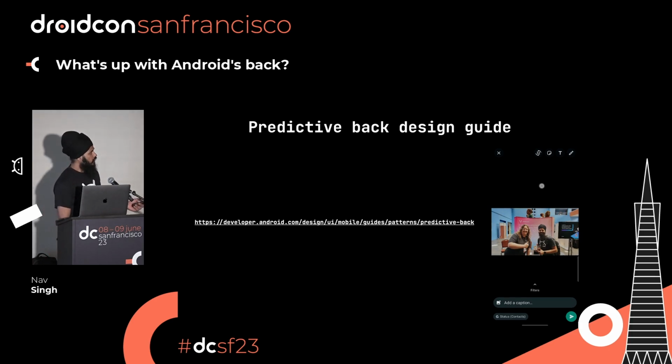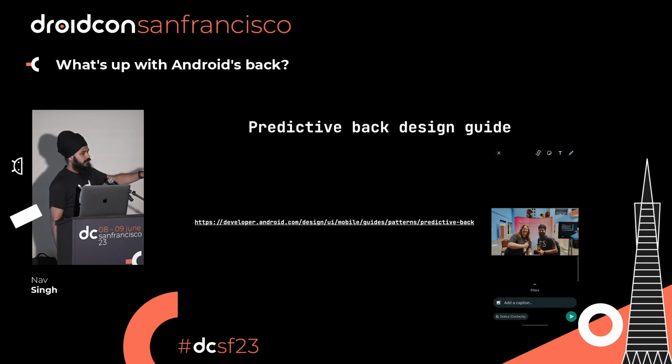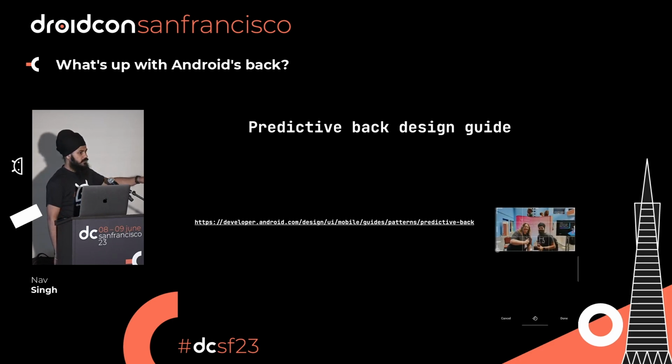I found there is a new predictive back design guide also published on the Android Developers channel. And I recently found an issue in WhatsApp. I took a photo this morning and I tried to crop it. When I try to crop it, it interferes with the back gesture, which is not a good experience for the users. So if you have these kinds of functionalities in your application, you need to make sure that your gestures work accordingly so that they don't interfere with the back gestures.